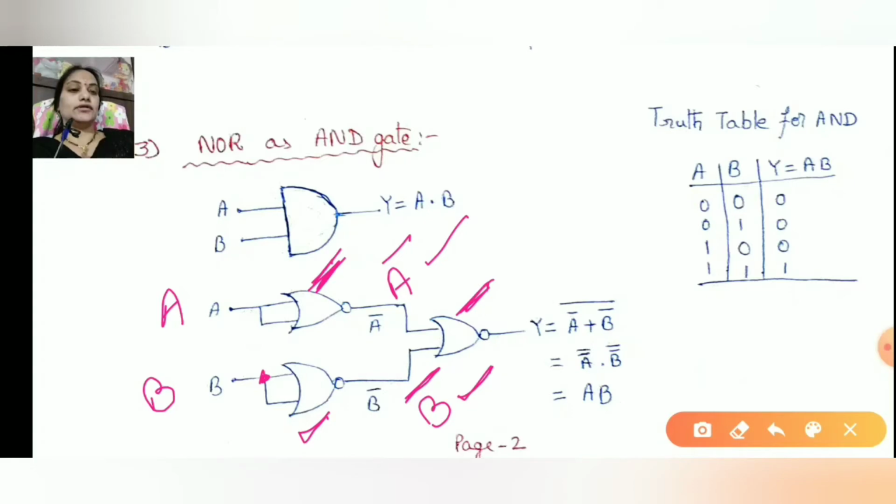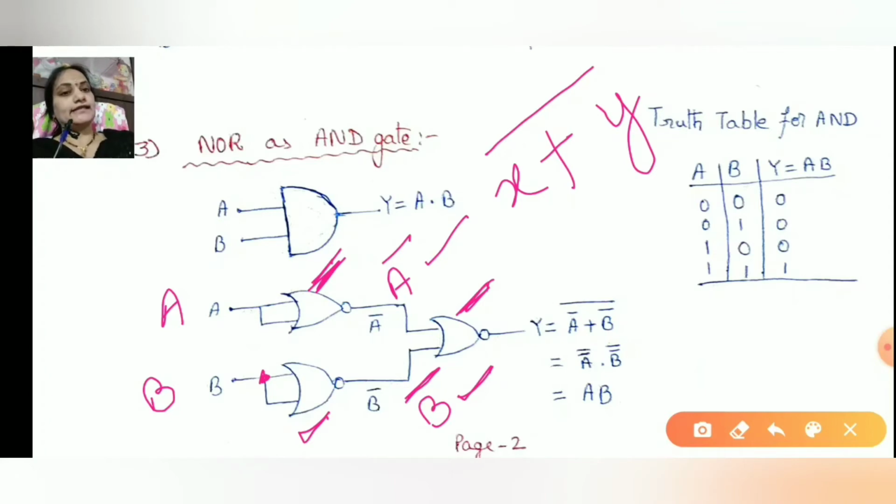According to the definition of a NOR gate, if the inputs are X and Y, then what is the output? That is the whole complement of the addition of the inputs, that is, X plus Y, whole complement.